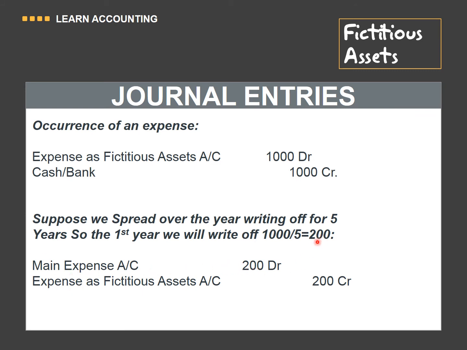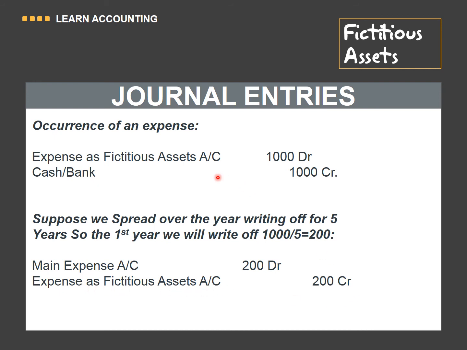So this $200 we will debit to the profit and loss account, the main expense, whether it's advertisement expense, marketing, promotional expense, or the preliminary business expenses. So the fictitious asset account was 1000 and we decrease it by 200. So the credit will be expense as fictitious assets account.